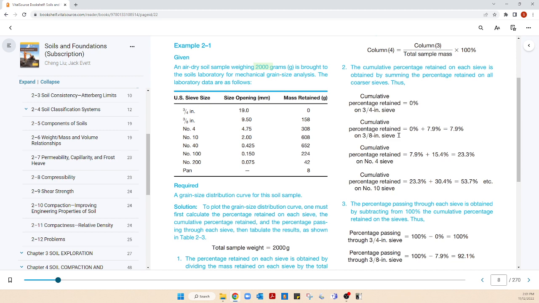So we add it to the 0%. So 0% plus 7.9 equals 7.9.